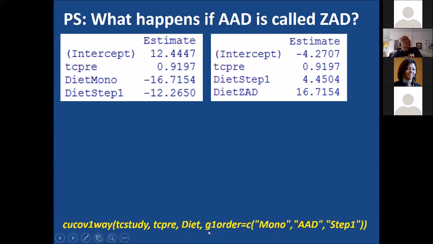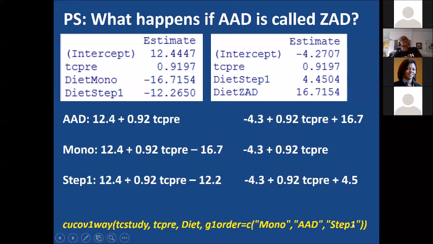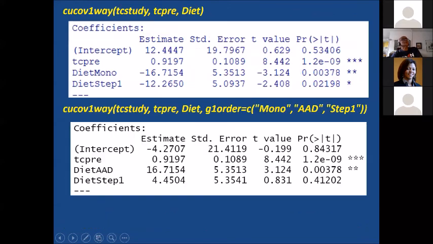We have a variable called G1 order, and you give in it the order that you want the groups in. So you don't say 3, 2, 1 or something like that. You actually give the names for the category levels that you want ordered. So you say you want mono, AAD, step 1. If you do that, then you will get output like this.